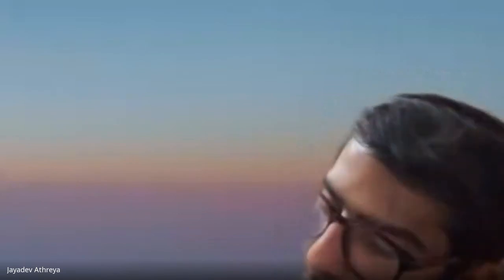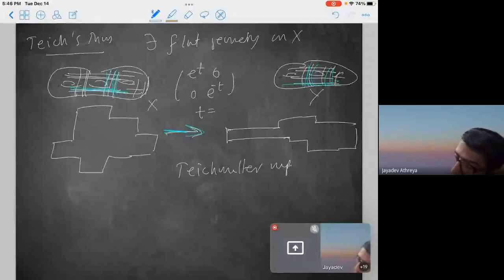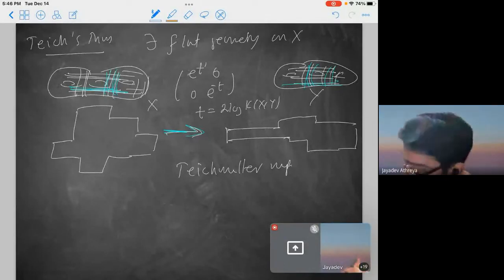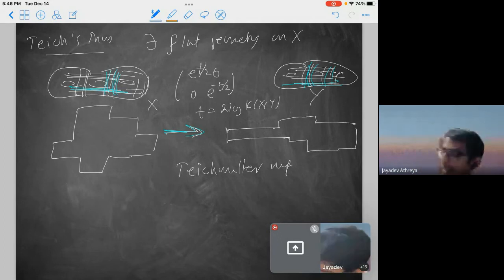And this associated trajectory, you apply it precisely with t equal to 2 log K(X,Y). So you apply diag(e^(t/2), e^(-t/2)), and then you'll stretch in one direction and contract in the other.